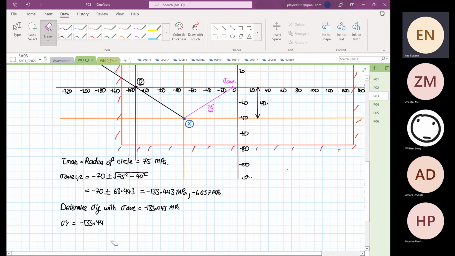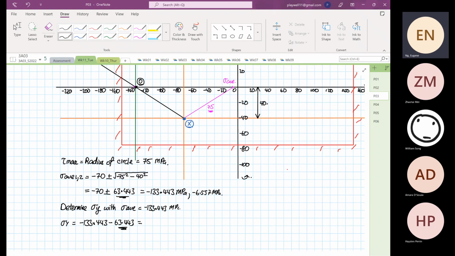And all you need to do is just minus 63.443, which is this value over here. So 133.443 minus 63.443, you get minus 196.886 megapascal.